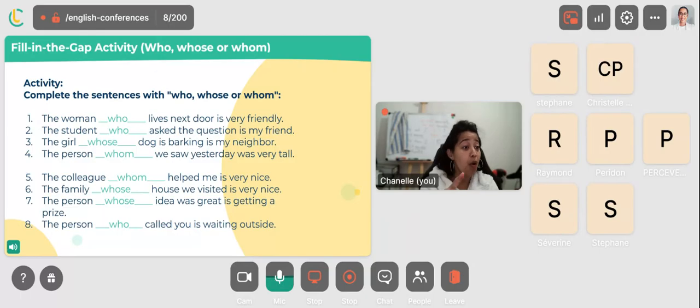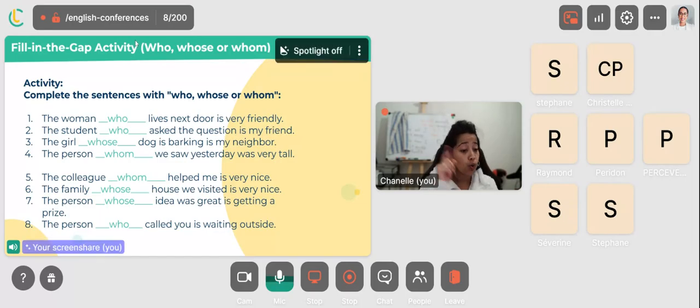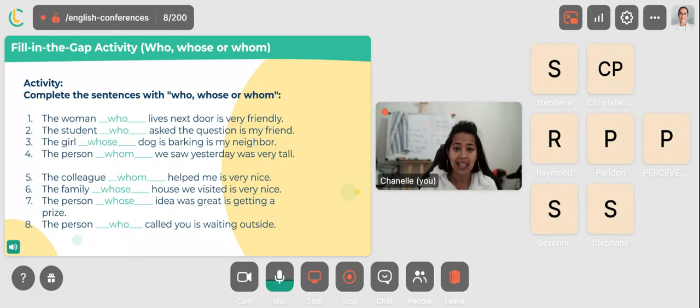Because it is formal. Because it's formal, we have an exception. The person whom we saw, the family whose house we visited, the person whose idea, and the person who called you is waiting outside.